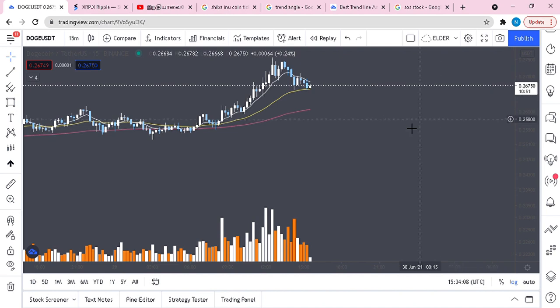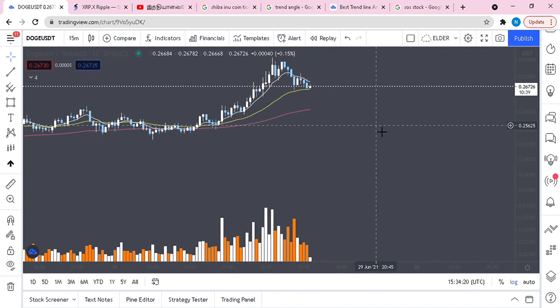MACD shows divergence, RSI shows divergence, and oscillators show divergence. But there are two kinds of indicators: trend following indicators and oscillators. If the market is going sideways and you use trend following indicators, you're going to lose out big time. And if you use an oscillator when the market is trending, you lose out big time.